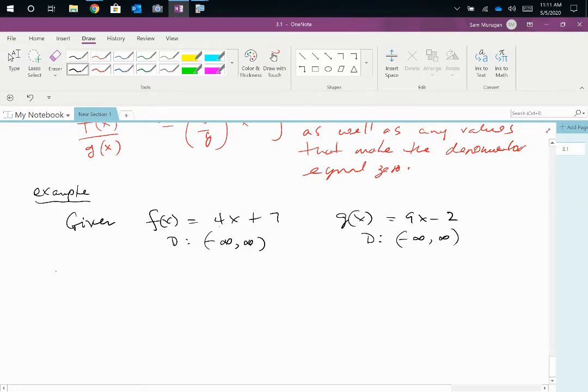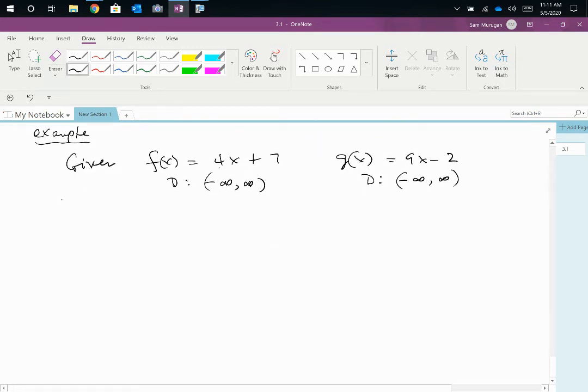Now, let's do the operations for all four. f of x plus g of x is simply adding the two functions, 4x plus 7 plus 9x minus 2, which is equal to 13x plus 5.